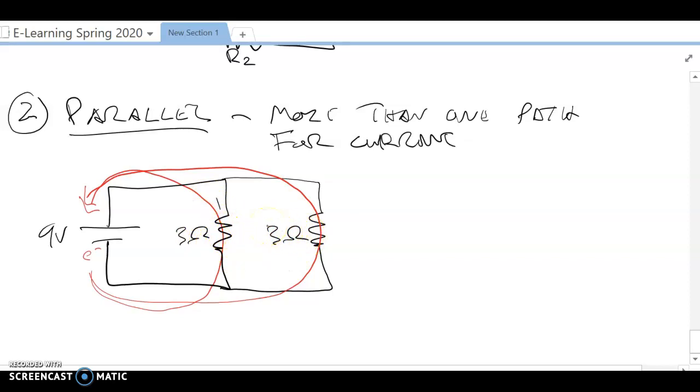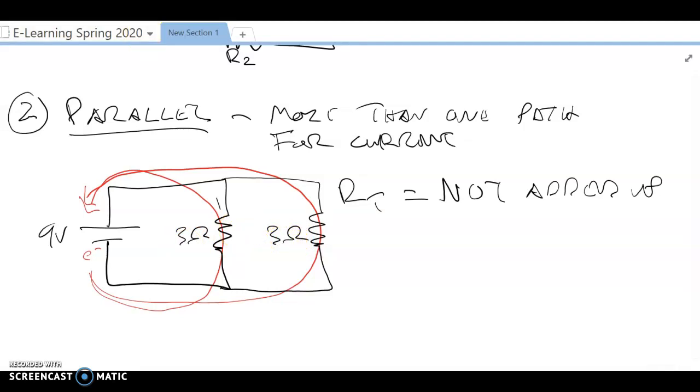So that means you get twice as many people flowing at any time because there's 2 paths. So the deal here is that resistance is not just adding them up. Because think about it. If this thing wasn't here, the second one, it was just 1, the total resistance would be 3 ohms. But if you open up a second path, does that make it harder or easier for current to get through this thing?